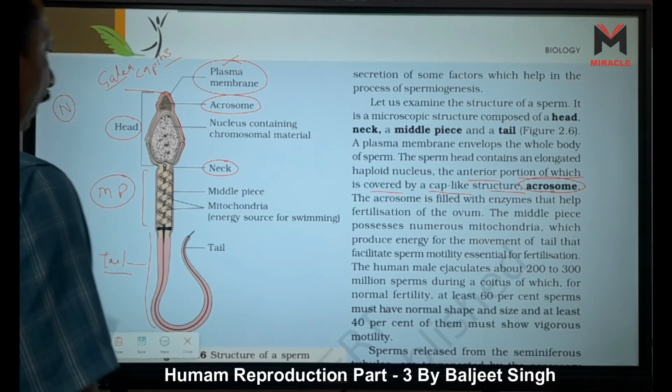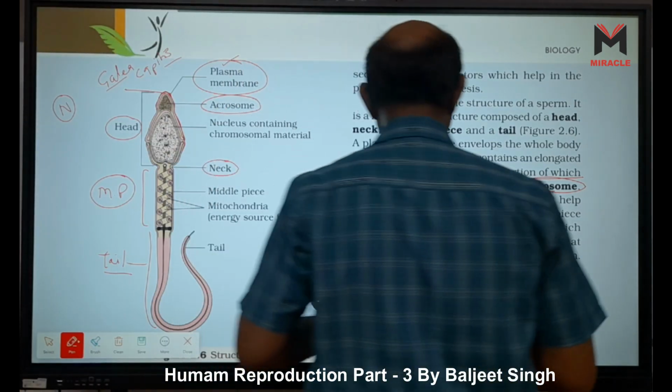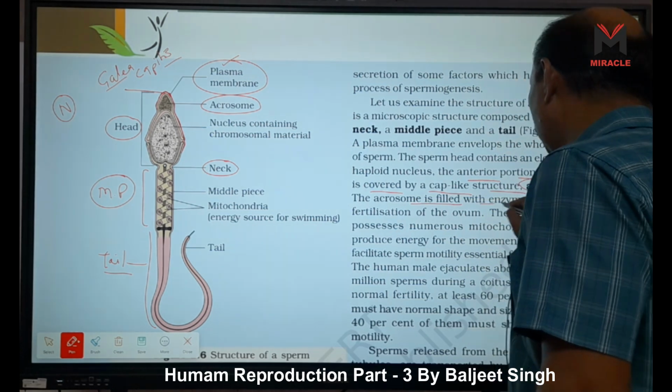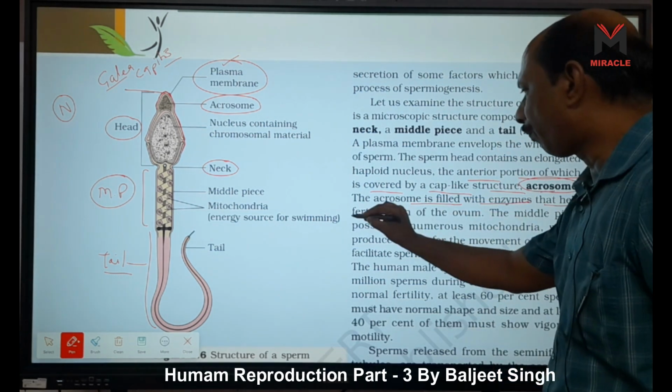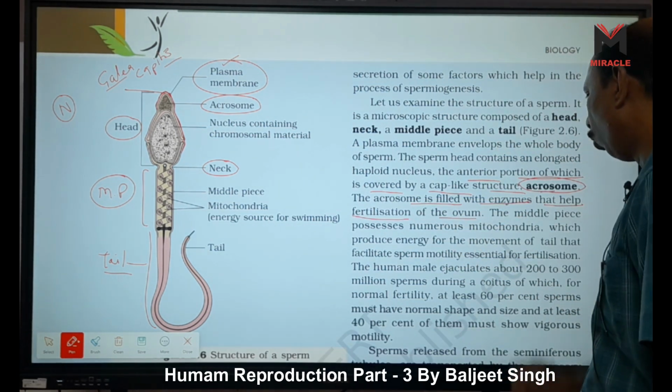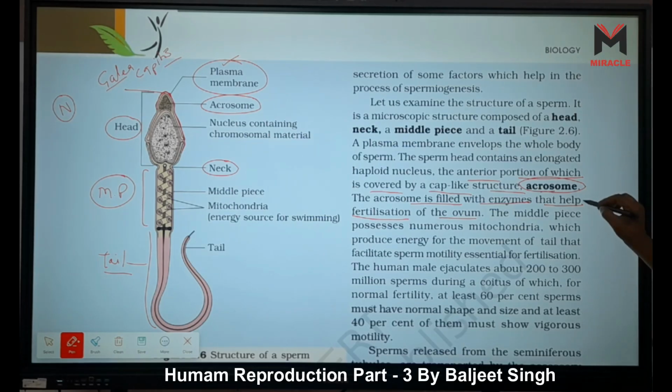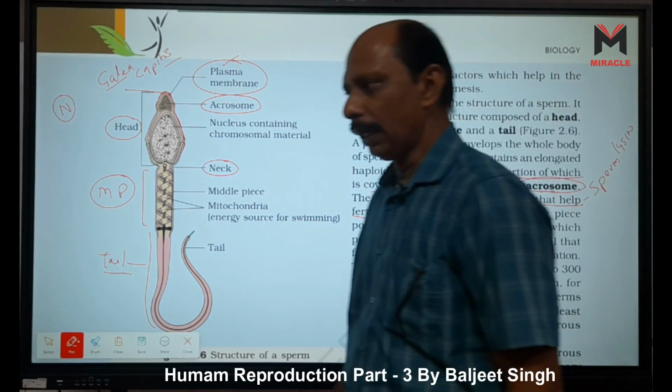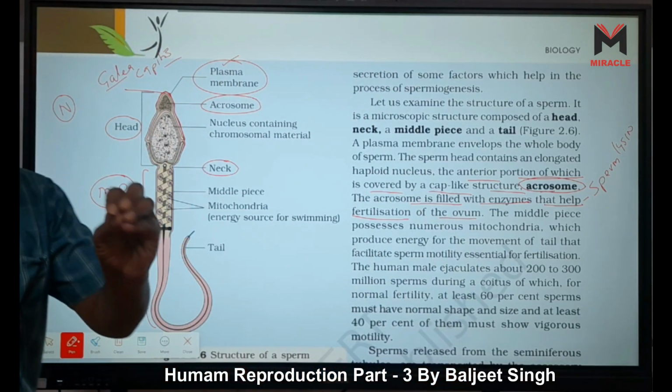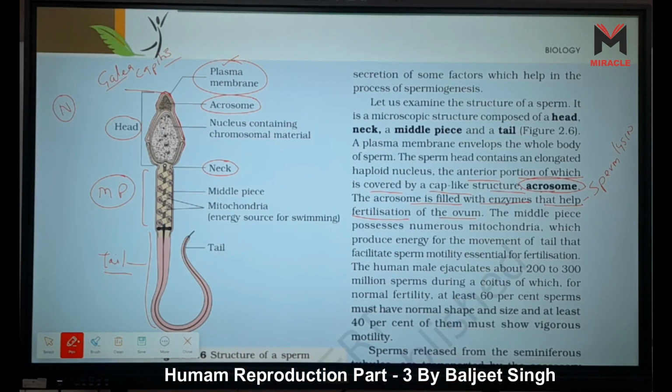This acrosome is a sac-like structure filled with enzymes that help in fertilization of the ovum. This enzyme is called sperm lysin, L-Y-S-I-N. It digests the zona pellucida, right?